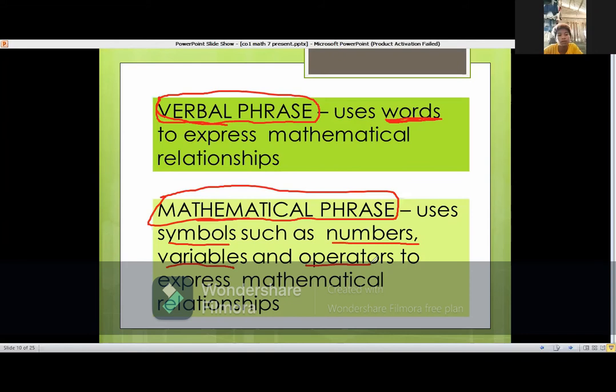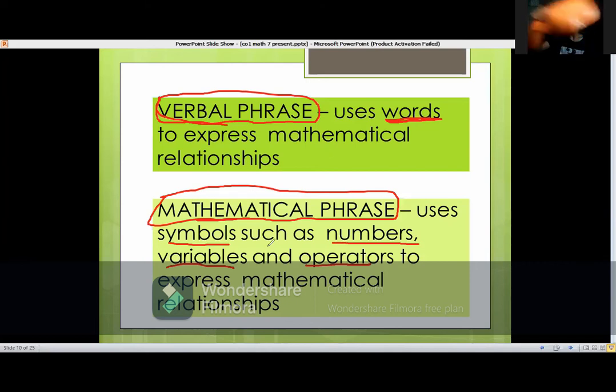It uses symbols, numbers, variables, operators to express mathematical relationships. So based from those definitions, it is very clear that when we say verbal phrase, it is purely words. You don't have to abbreviate or write it in a shortcut method. Dapat na-spell mo yung buong words.